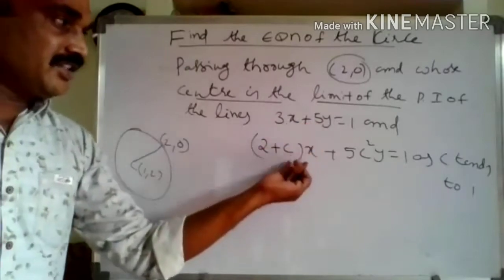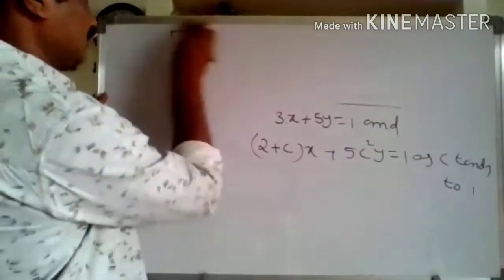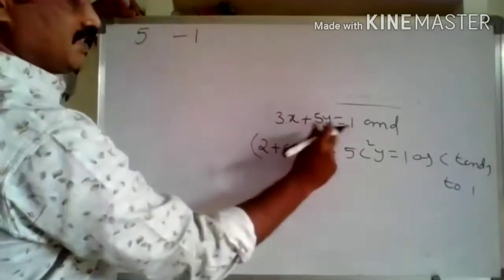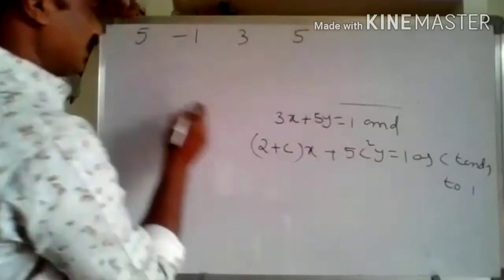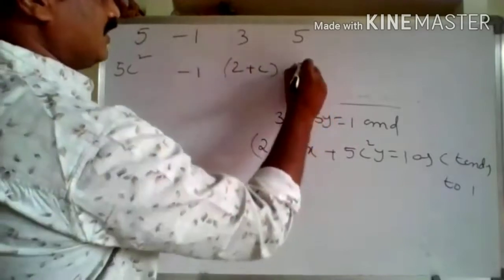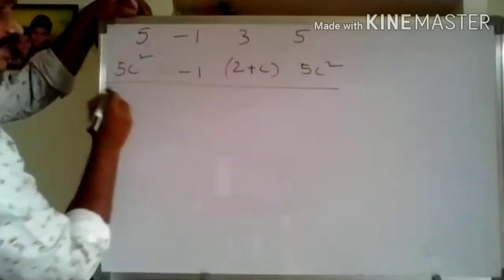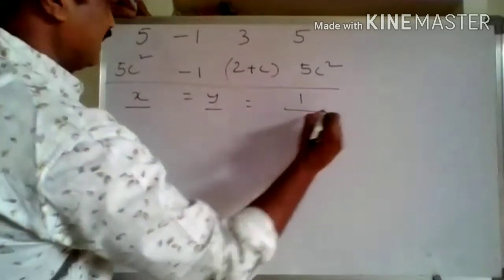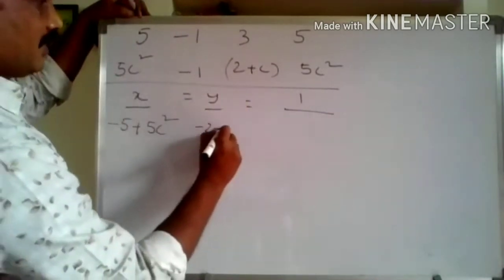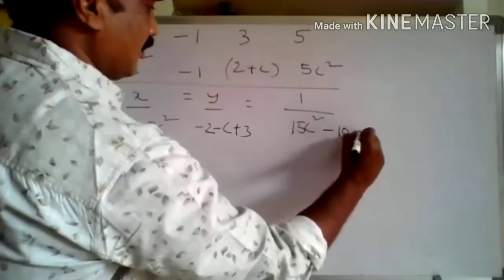First calculate the point of intersection of these two lines. Using the determinant method: x over (5 minus 1 times 5c² minus 1), y over (1 times 3 minus 1 times (2 plus c)), and 1 over (3 times 5c² minus 5 times (2 plus c)), which is 15c² minus 10 minus 5c.